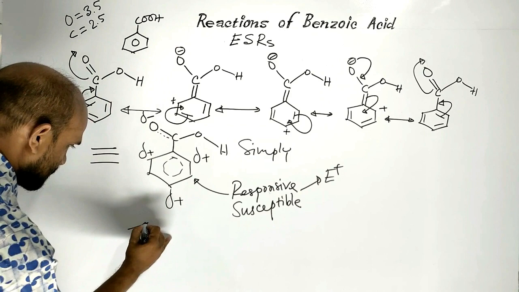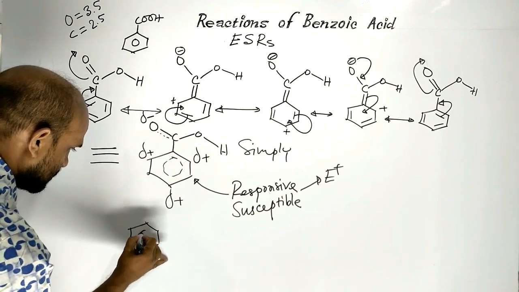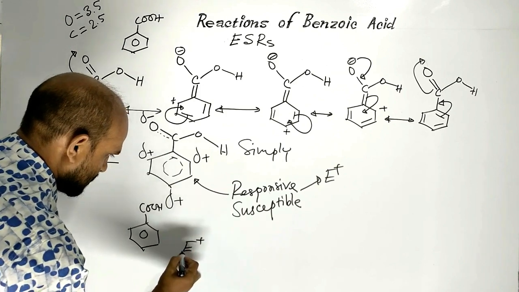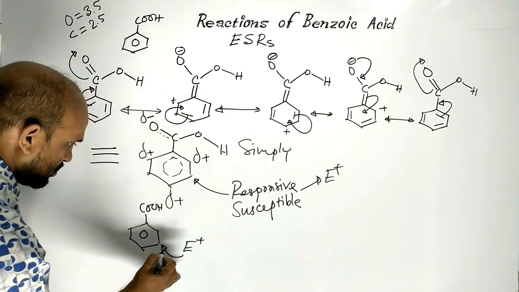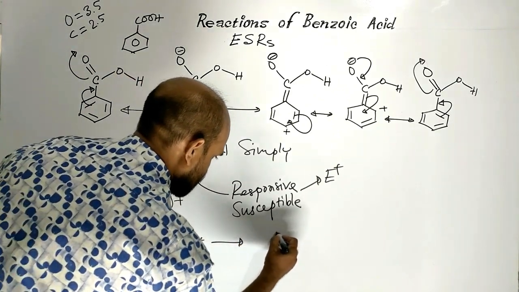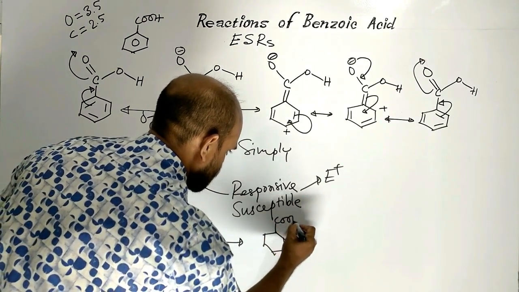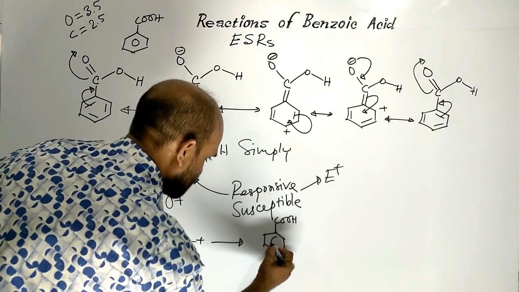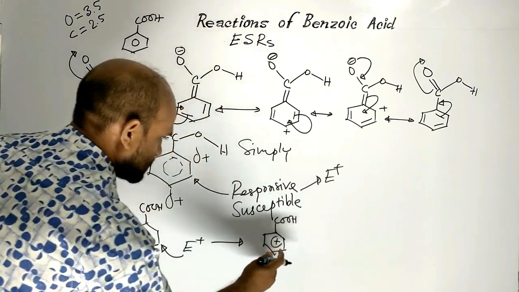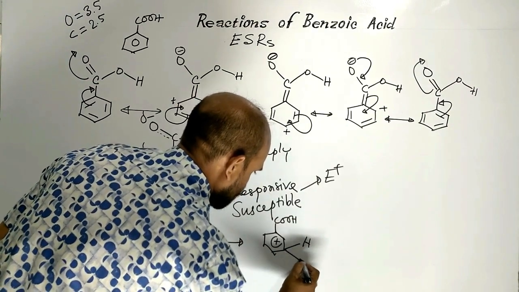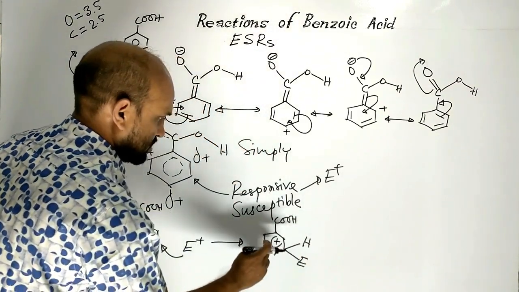When electrophile attacks metacarbon, then this is obtained. Benzoic acid, sigma complex is formed, hydrogen, electrophile.